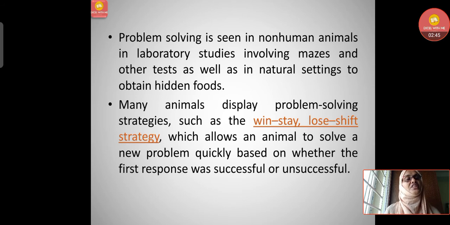For example, in the jungle, if a lion or tiger or any dangerous animal starts hunting for prey, sometimes they will win. Sometimes they will wait to catch the prey. Sometimes they lose. When they lose, what will they do? They will shift to another strategy to catch the prey.